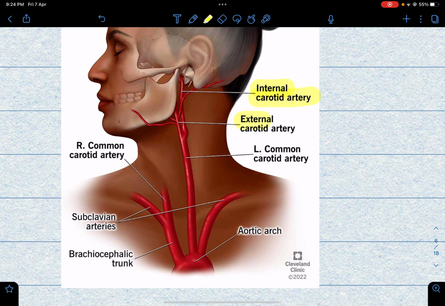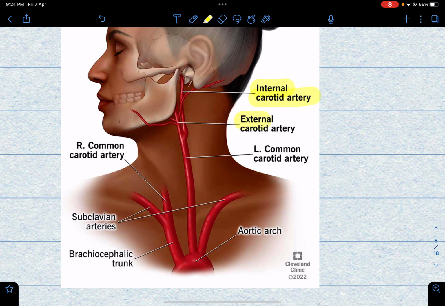Okay, then number 5, it consists of 2 divides, 5A and 5B, posterior triangle group. This is the posterior triangle group. 5A more superior than 5B.